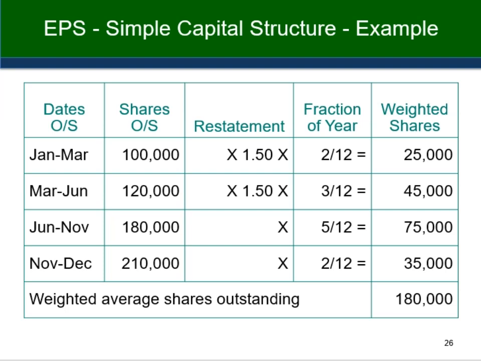And the fractions of the year outstanding are consistent with the time frames. So January, February is 2/12, March, April, May 3/12, June, July, August, September, October, 5 months, and then November and December, 2 months.